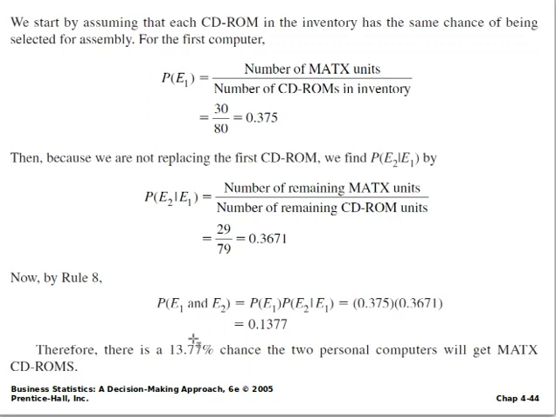Now, by Rule 8, the probability of E1 and E2 equals the probability of E1 multiplied by the probability of E2 given E1, which is 0.375 times 0.3671, or 0.1377, or 13.77%.